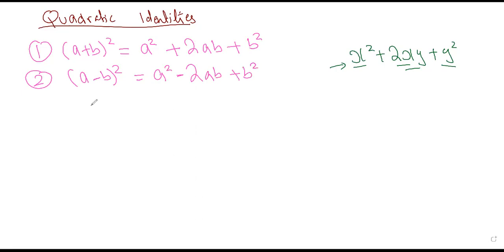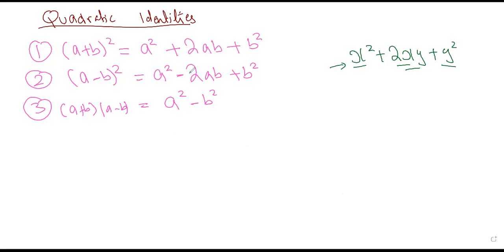And the third one is a square minus b square, and it is basically equal to (a plus b) and (a minus b). So, Saneem, are you familiar with these? Yes. Okay.